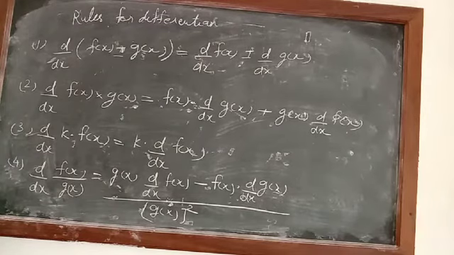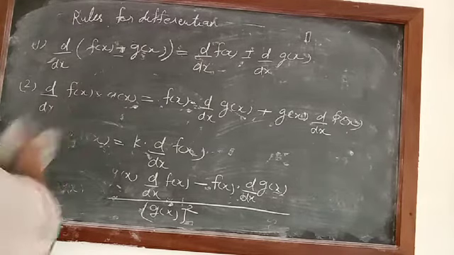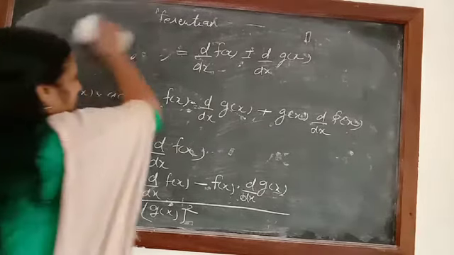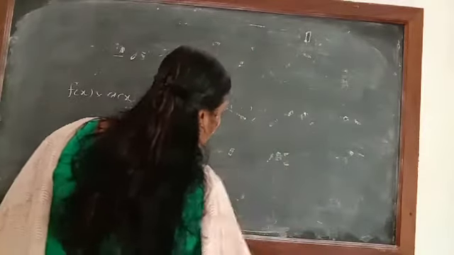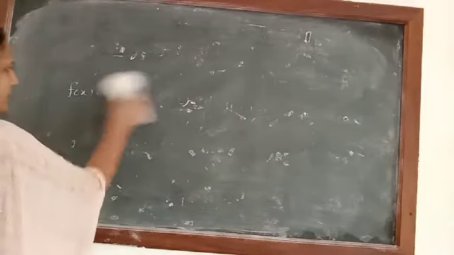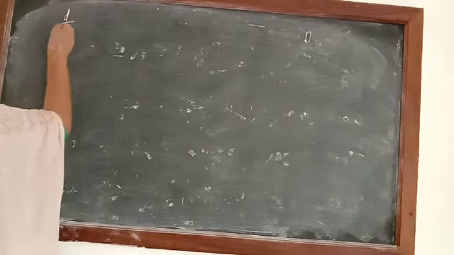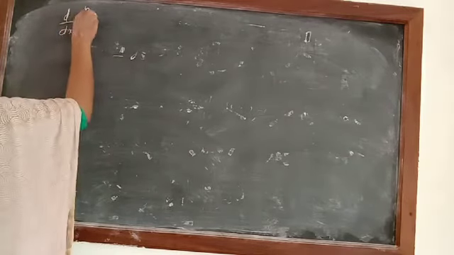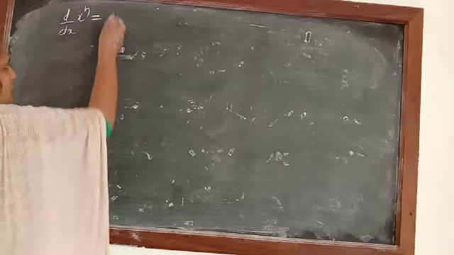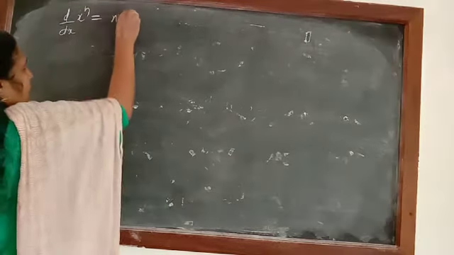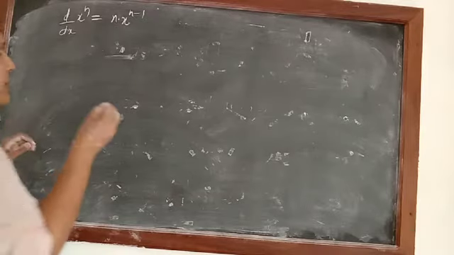Okay, so now we will use the formulas to find the derivative of the function. We are not going to use the first principle of derivative there. So for that you should know the formula. Already we derived the formulas. First one, d by dx of x raised to n is n into x raised to n minus 1.